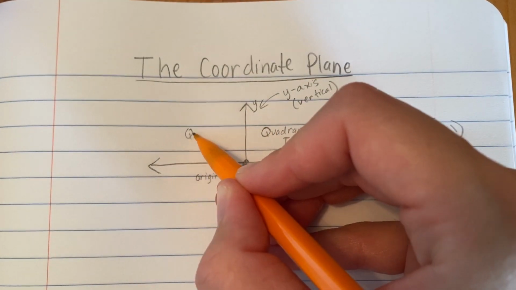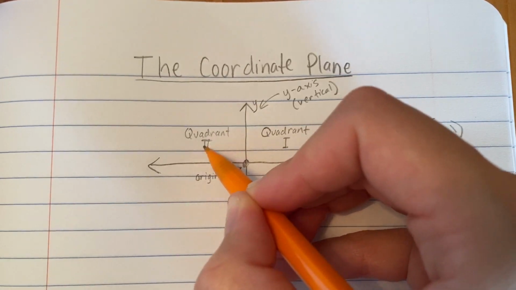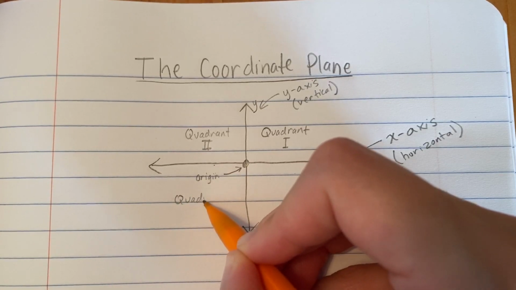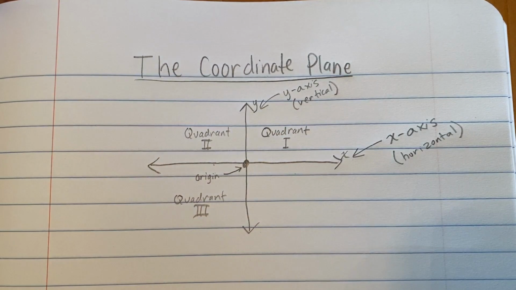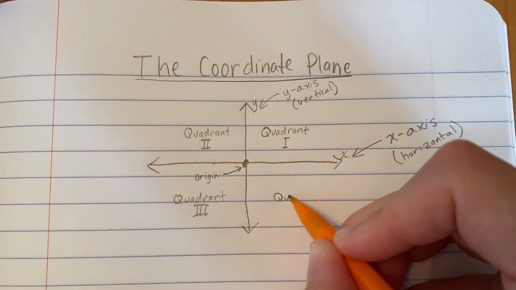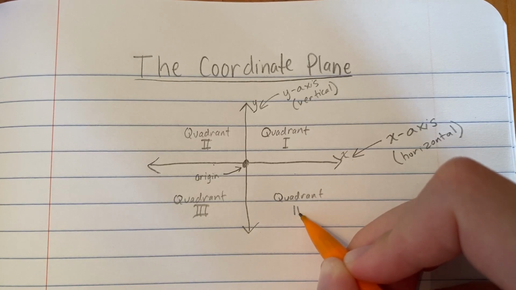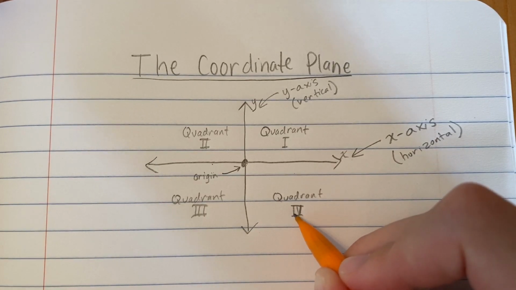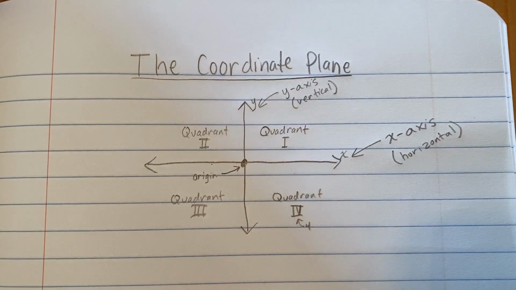So quadrant 2, quadrant 3, and notice I'm using Roman numerals, this is just kind of how it's done, and quadrant 4. Here's 4 in Roman numerals, it's an I before a V because the V represents 5, right? So this is 1 before 5, so this represents 4, okay?